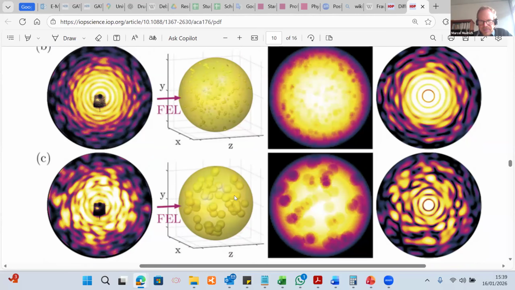But this was done by forward fitting, or by intelligent guessing, coming up with some guessed distributions, and then calculating the diffraction image, looking at which image compares visually more or less. So this is by far not a reliable, full-fledged phase retrieval and exact structure determination. This is more intelligent guessing.